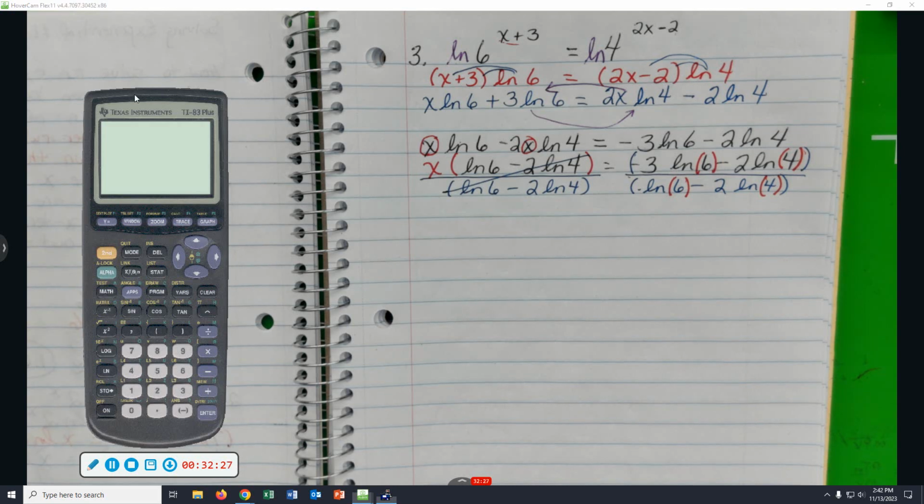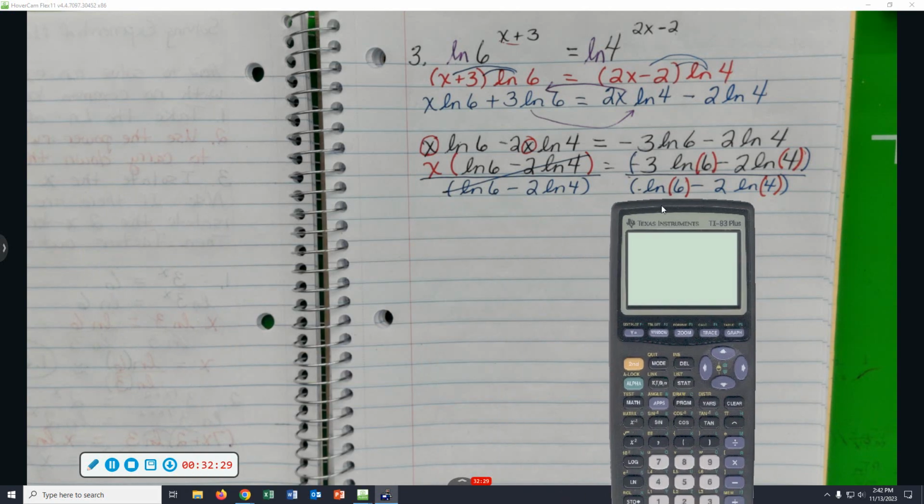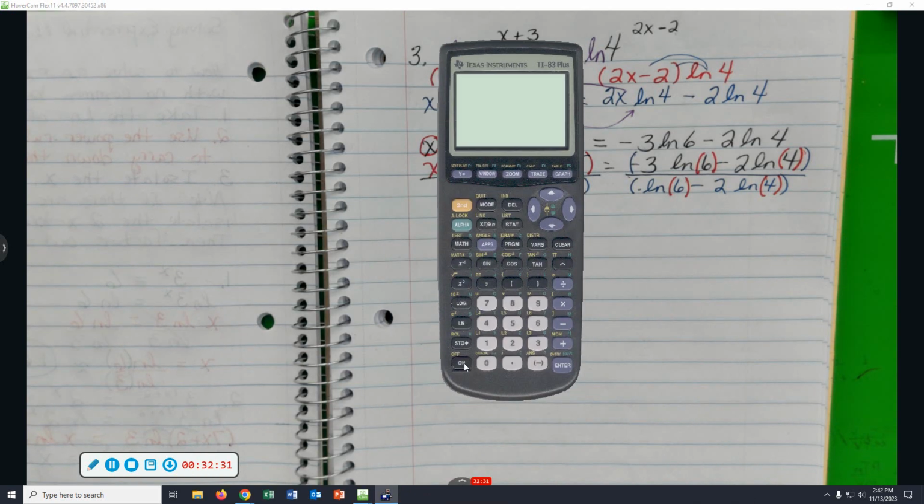Let me see. Let me clear this. Parentheses. Negative 3 ln 6 close, minus 2 ln 4, close. I remember the old TI-85.